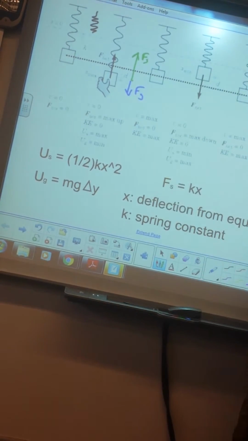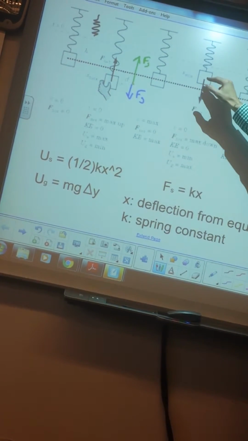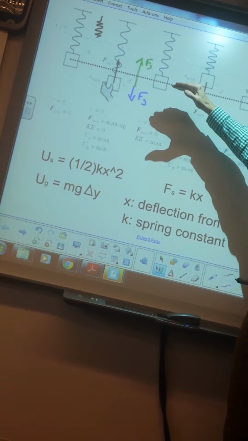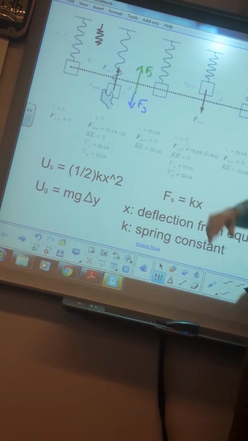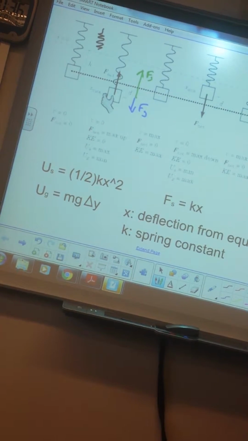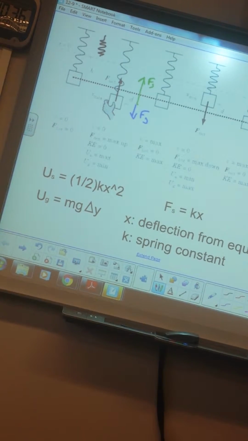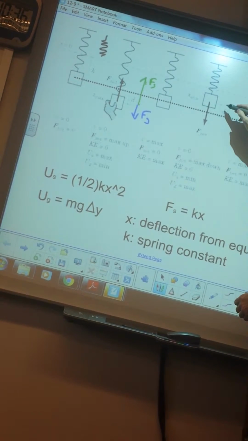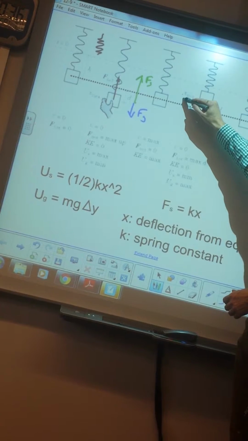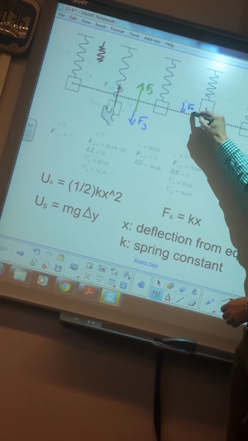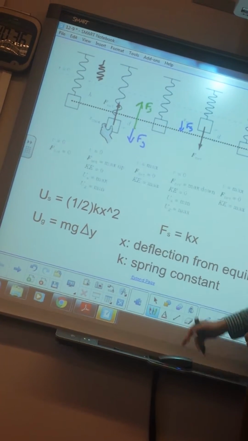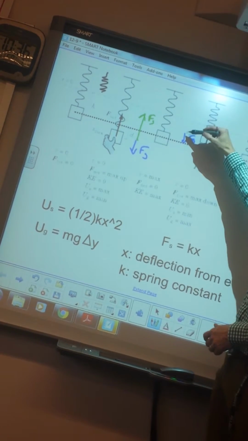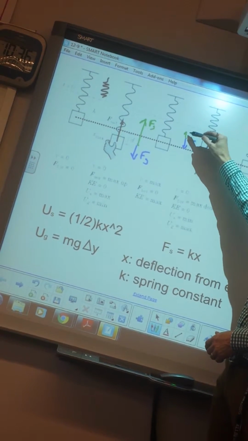When it gets above that, it eventually stops. So what must be happening from here to there? Yeah, the force of gravity is now larger. It's not smaller than it was here, but it's, I'm sorry, the spring force.